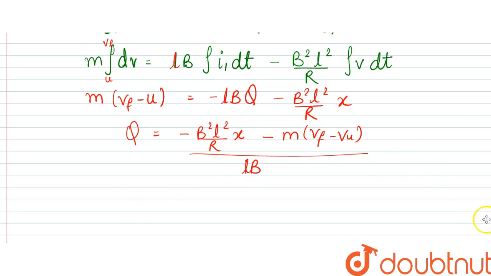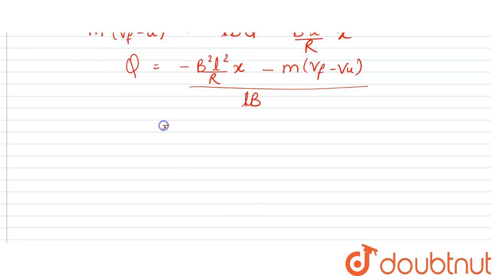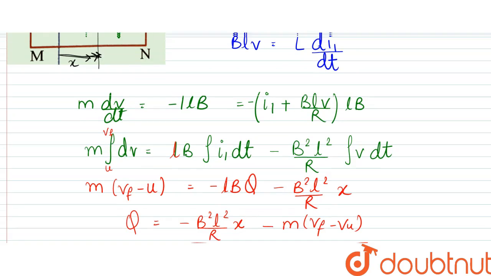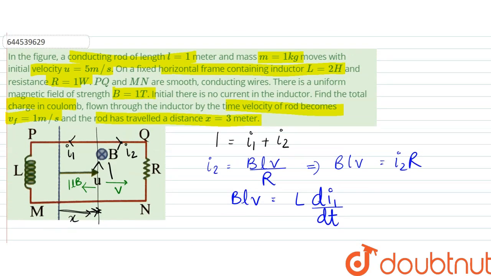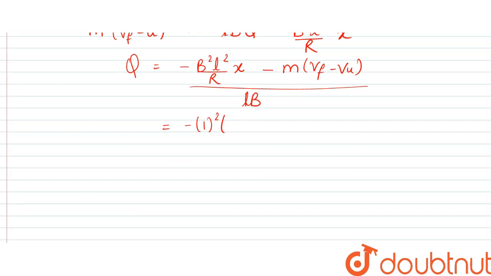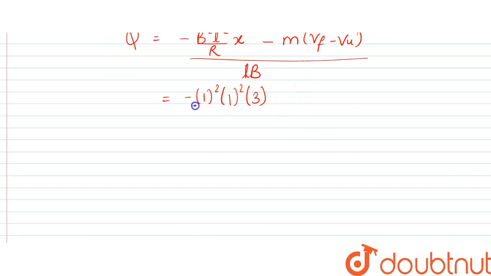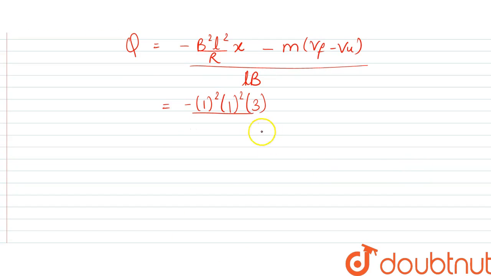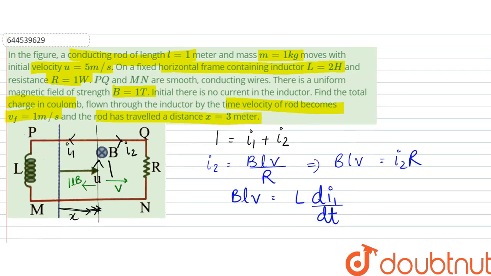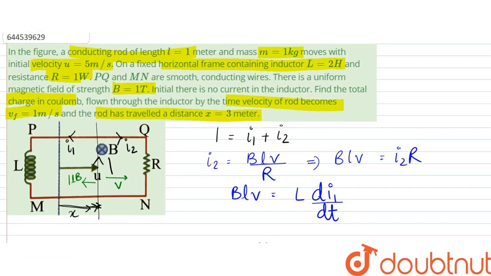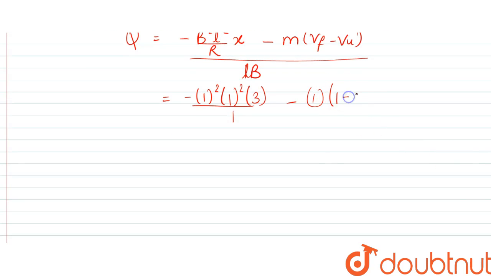So when we substitute all the values here, B is 1 Tesla, so it would be minus 1 square into L, the length given as 1 meter, so 1 square into x, which is 3 meters, the distance traveled, divided by R. The resistance is 1 ohm, minus mass m, given as 1 kg, into vf, given as 1 meter per second, and initial was 5 meter per second, so 1 minus 5, whole divided by L B, that is 1 into 1.